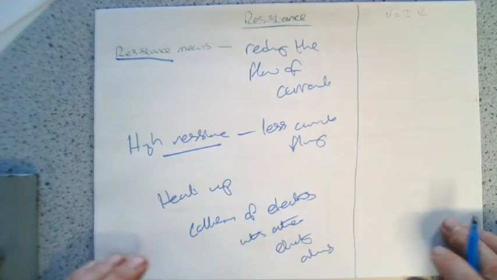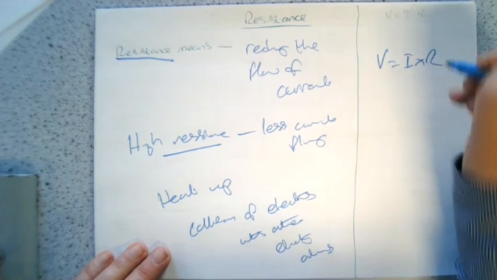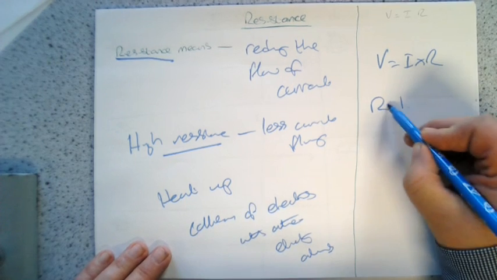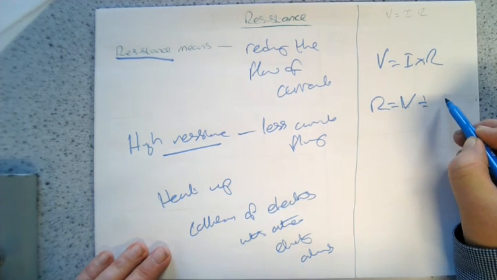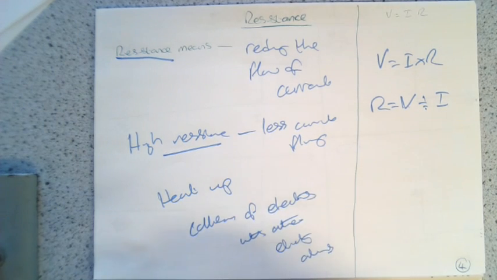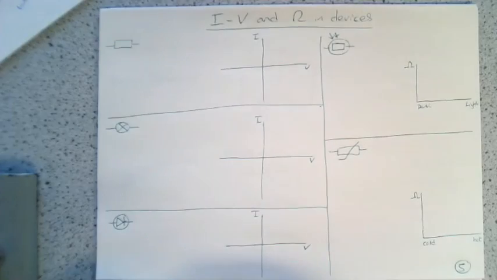Remember your equation that you're going to use, V equals I times R. So if you want to work out R, that would be equals V divided by I. It's one of the equations that you've got to remember in there. But remember, something with a high resistance reduces the flow of current.